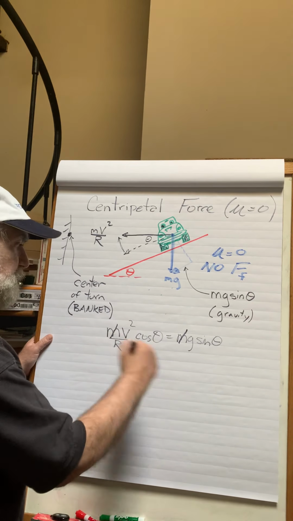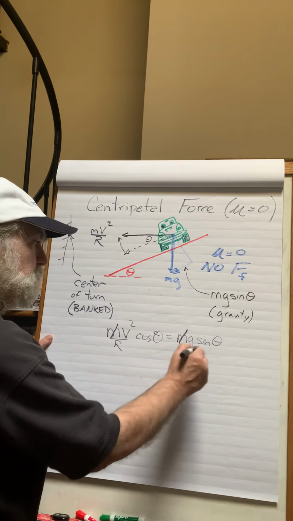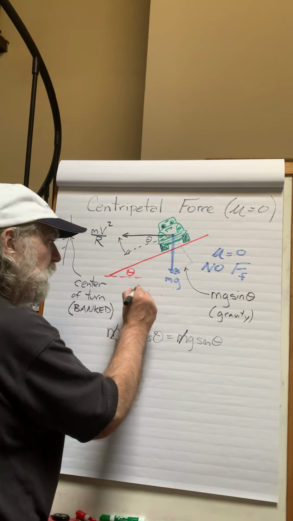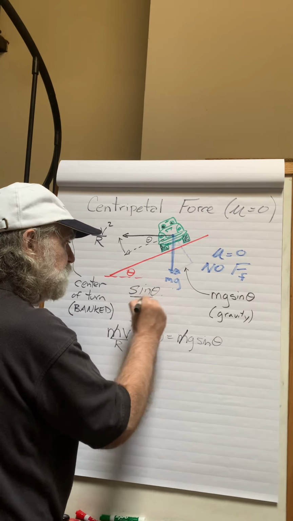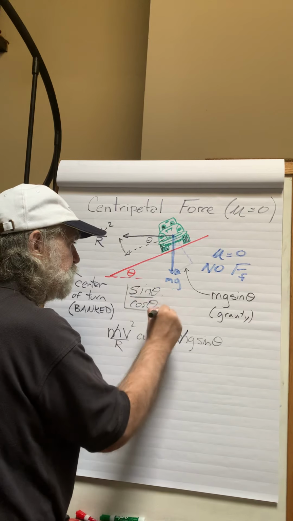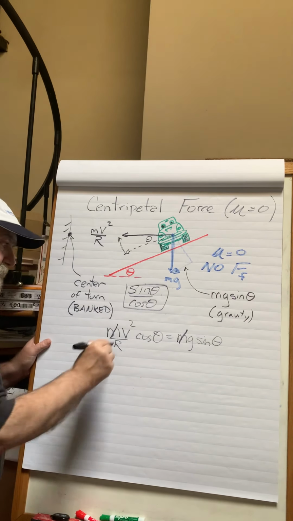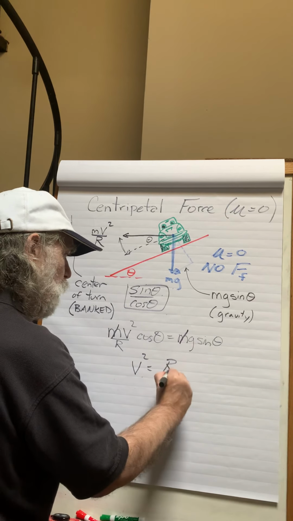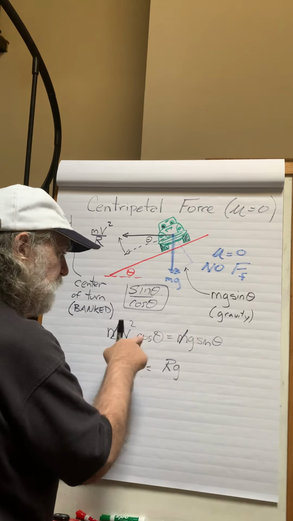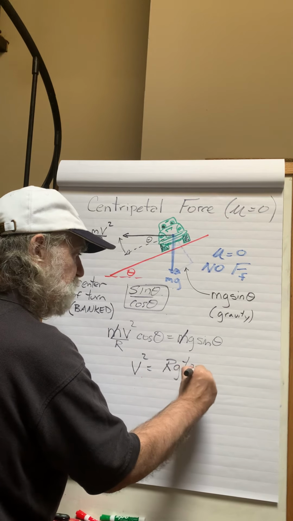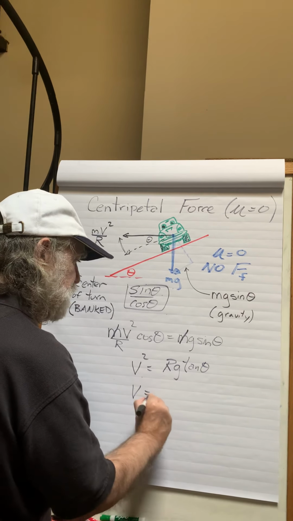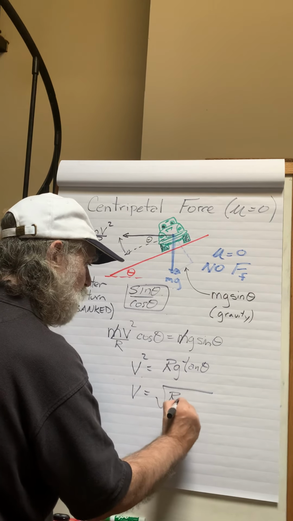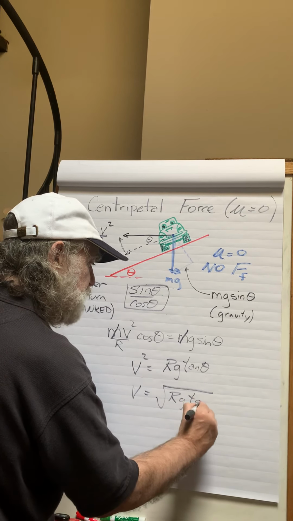So I canceled the masses, and please remember that sine divided by cosine is what? Tangent of theta. So solving for the velocity, v squared equals rg sine over cosine, which is tangent of the bank angle theta, and the velocity is the square root of rg tan theta.